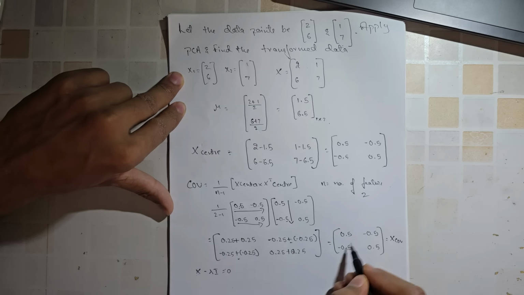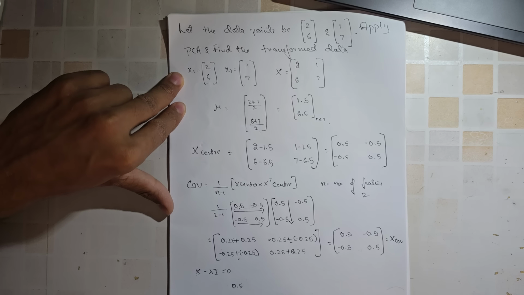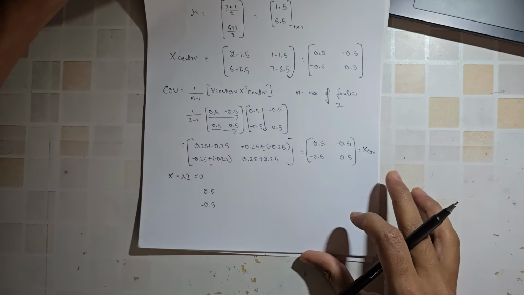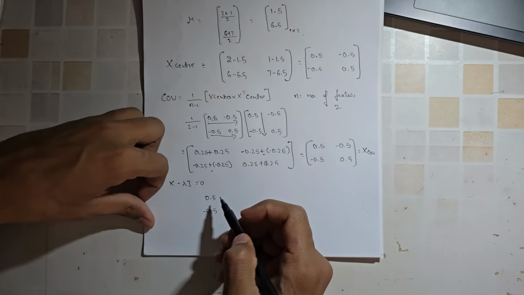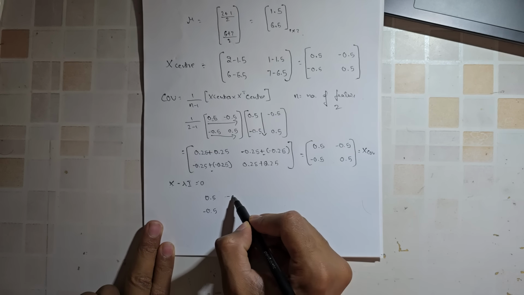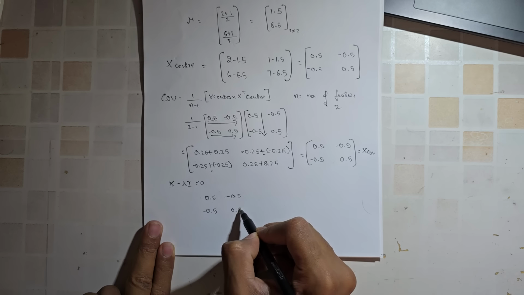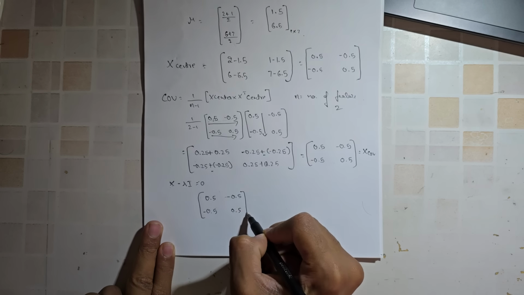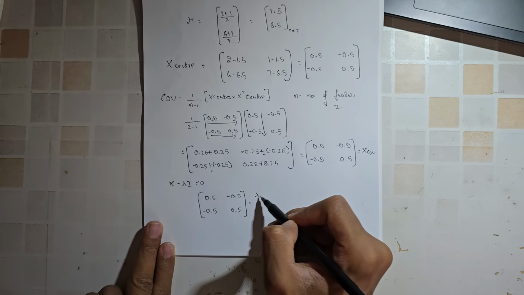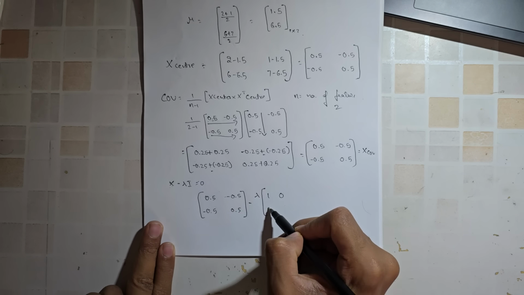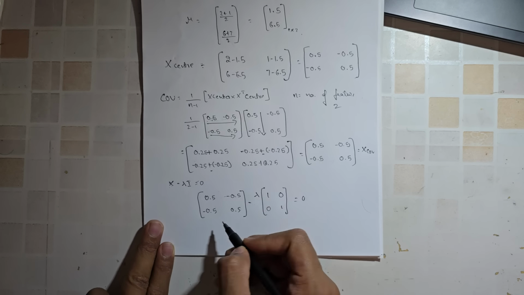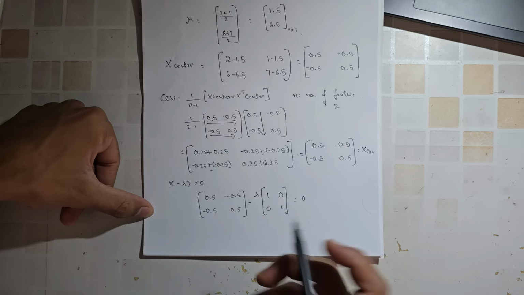So now what we have to do, we have to write the same 0.5 minus 0.5. Okay, thank god I saw it in time. This was not visible. So see, x minus lambda I, and here minus 0.5, and here just 0.5. I wrote this x curve first, then I have to subtract lambda into 1 0 0 1. This should be equal to 0. Now I'll write it this side so that I can do two calculations.